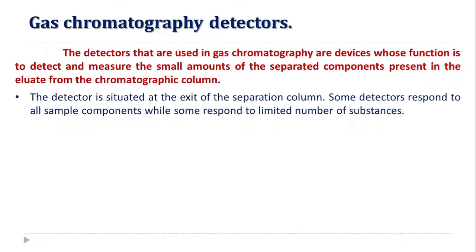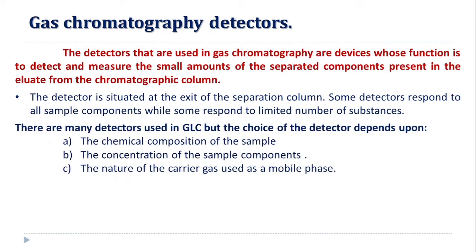The detector is situated at the exit of the separation column. Some of the detectors respond to all types of compounds present in the sample, while some respond to a limited number of substances coming from the column.